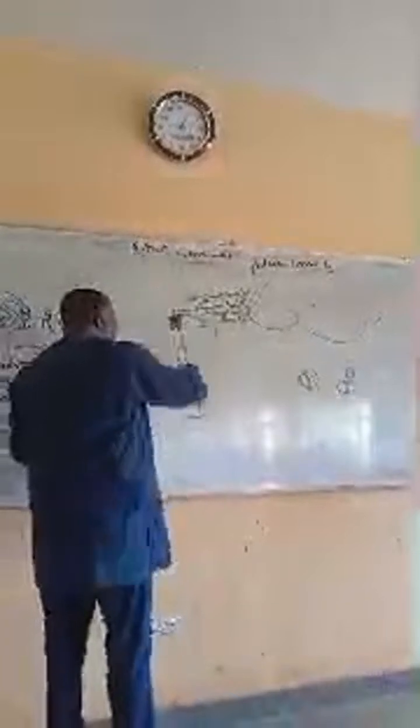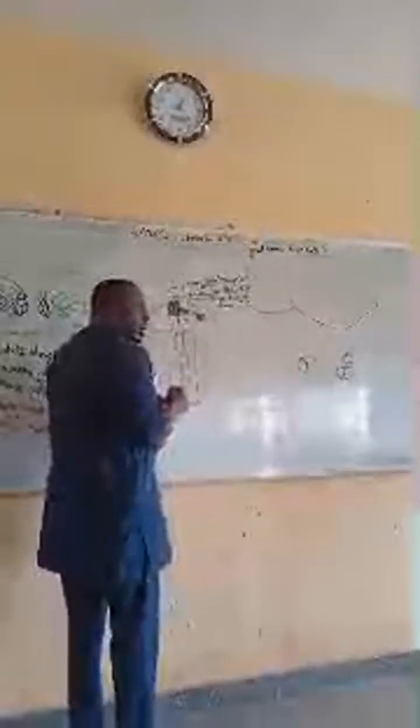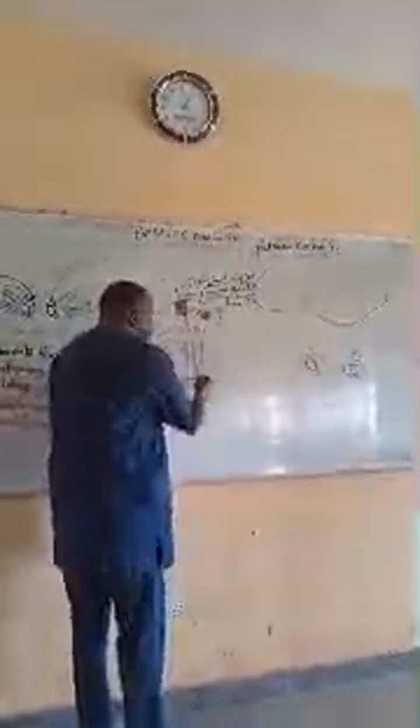But before they send information via the corticospinal tract, they will first of all send information to an area called the basal ganglia. The basal ganglia will receive this information, process this information, and send a final command to the muscles via the corticospinal tract.